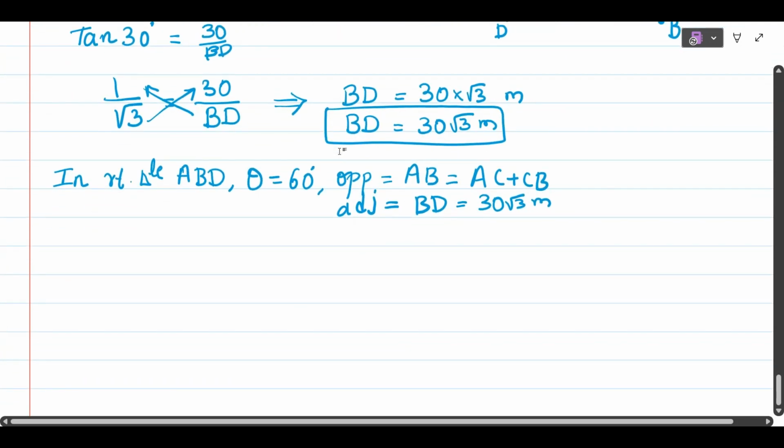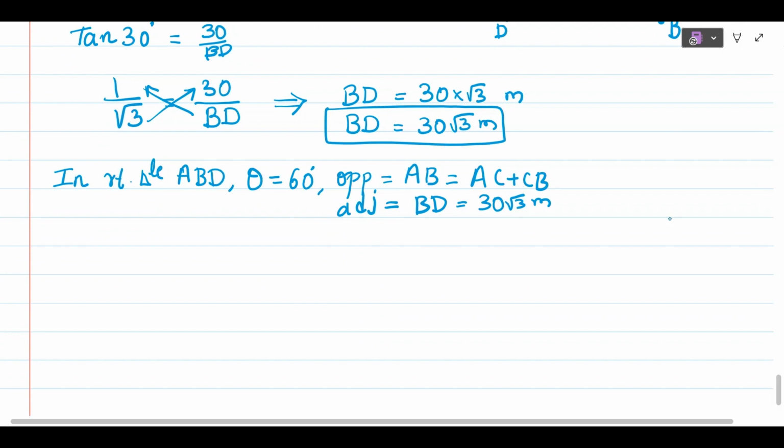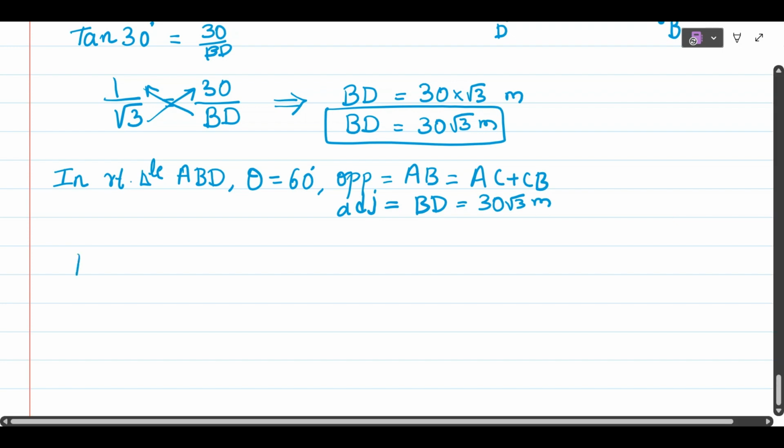Now next we are going to find out. The ratio between opposite side and adjacent side is nothing but tan theta. So you know that tan theta is equal to opposite side by adjacent side. Is it clear, students? So opposite side is AB by adjacent side BD. So AB means AC plus CB, isn't it?